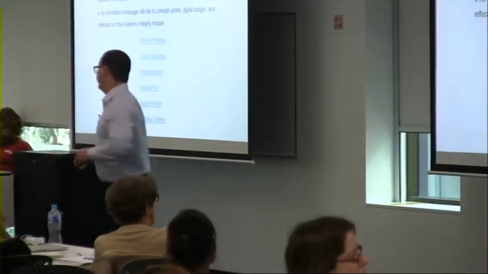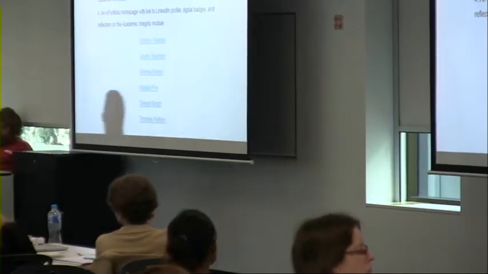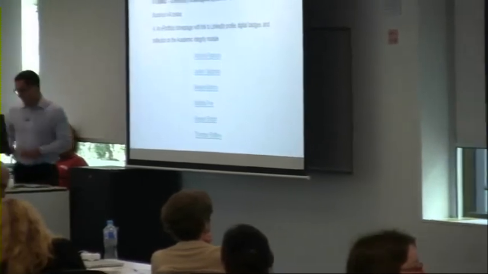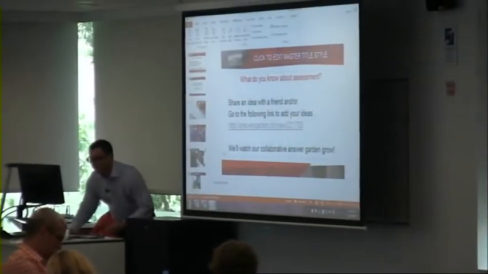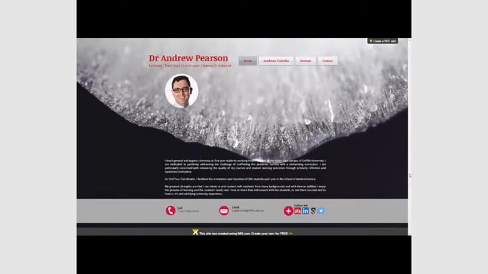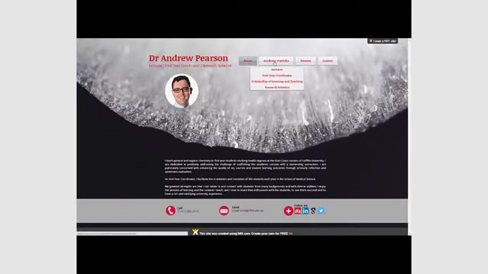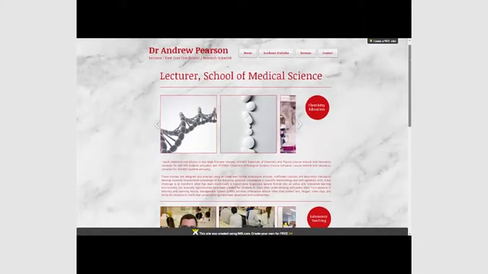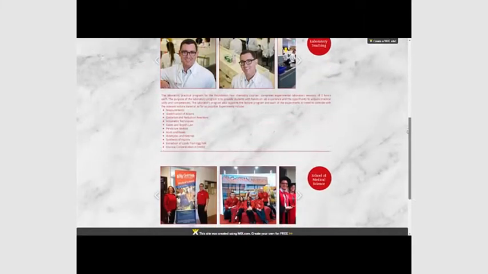I'm going to show you a couple of examples here. The first one's mine, because I thought I wouldn't get students to do this if I wasn't prepared to do it myself. So this is my e-portfolio. There's a home page, a bit of background and then some information about me. Under each of these tabs I've just put some information.